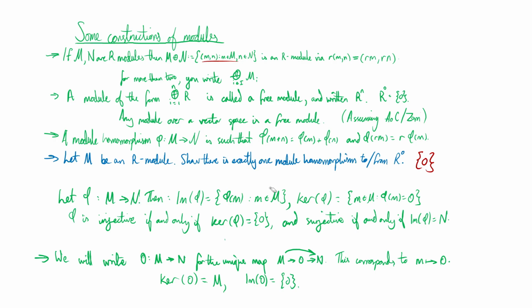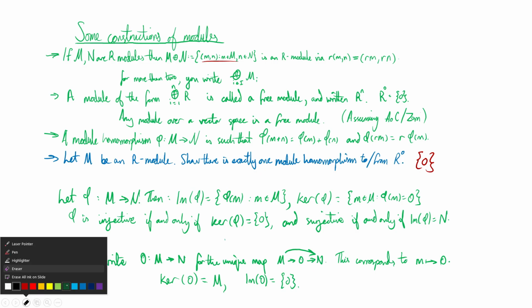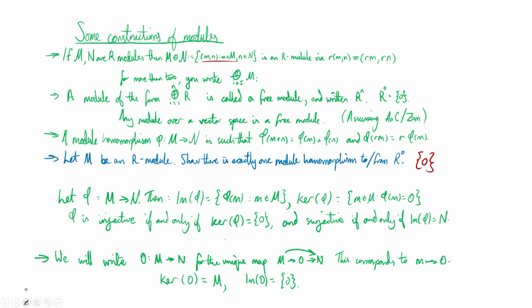The same with ring homomorphisms. But we will write 0 for the unique map which goes through 0. So this is 0. This is also 0 because it's the map from M to 0 going through 0. And then this is also 0, but this is the 0 map going from M to N. I have seen this written as 0 and then a little MN here, but it doesn't really matter.